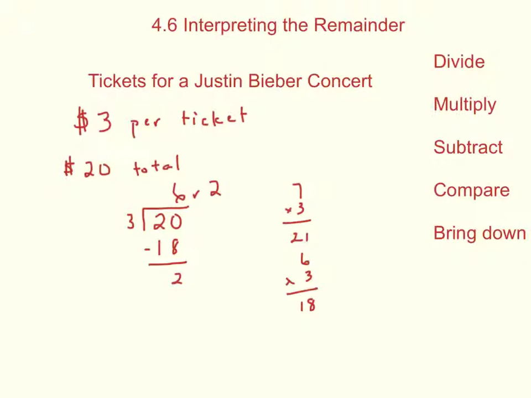So in this case, we're actually going to ignore the remainder because there's nothing we can buy with it. Maybe we can buy a box of popcorn at the concert, or some of you might want to buy some earplugs. Regardless of what you could do, you can't buy another ticket, so we're just going to ignore the remainder.